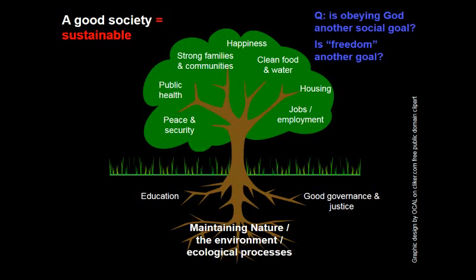Okay, so let's kick back off. Before we took a break, we were talking about goals, and I'd put up this picture of a tree and we'd filled it in. And the key thing I wanted you to take from this is not specifically the goals that we've listed there. What I really wanted to emphasise is there's a whole range of goals that we have as society.